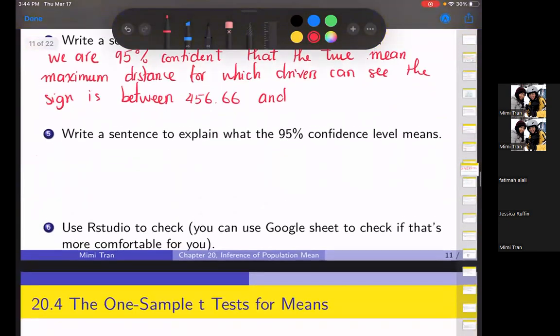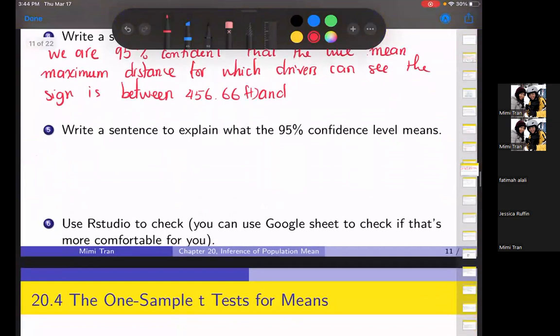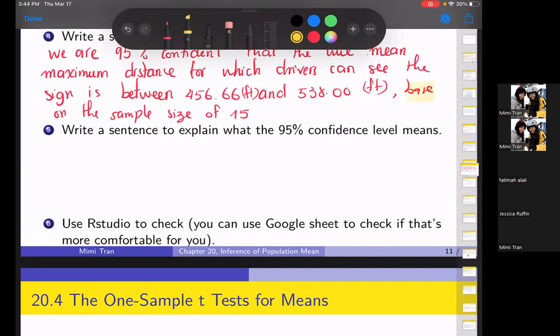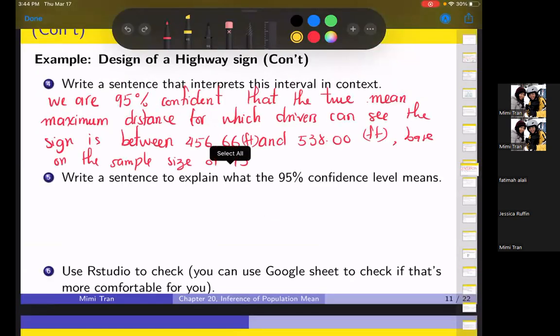I should put feet there. Okay, you can say based on the sample size of 15, if you want to. For the last clause, I'm not gonna take points off if you don't have this. A lot of the time I don't even write it. But at least you should have the first one.